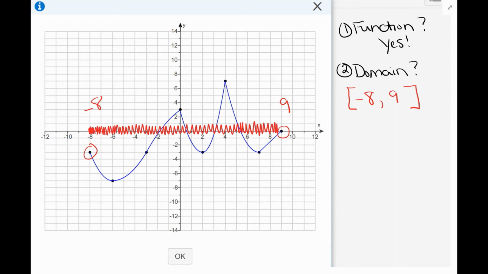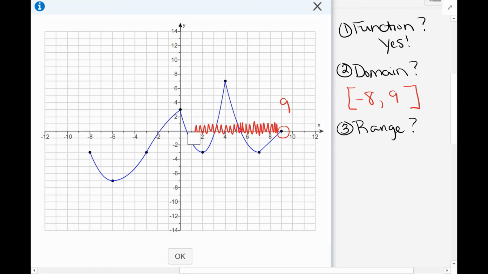Now let's look at question number 3, which is: what is the range? If you just look at this picture, can you tell what the range is going to be? Yes, you can. Let's erase this. Range is talking about the y values.